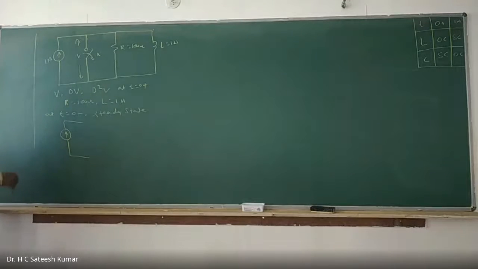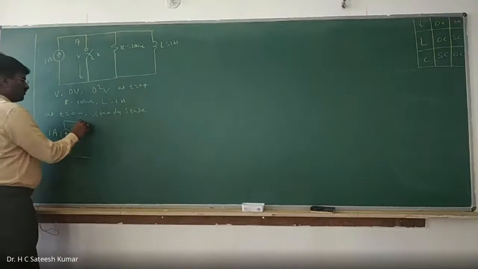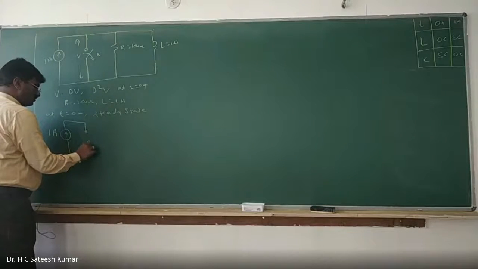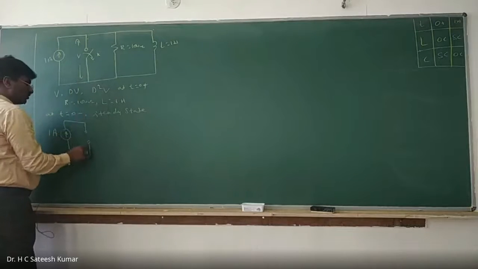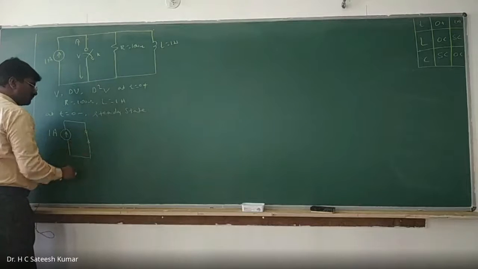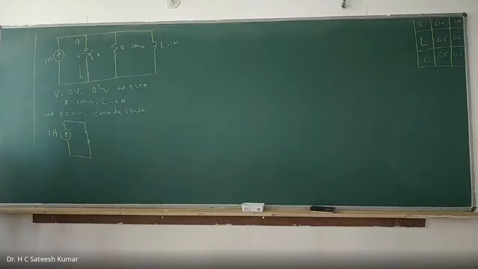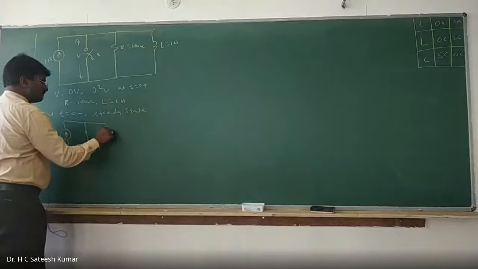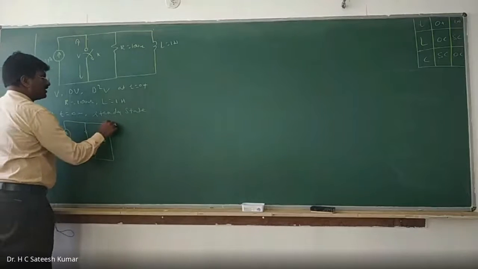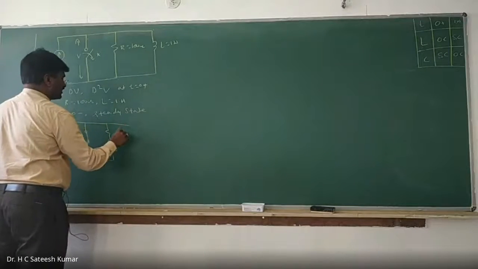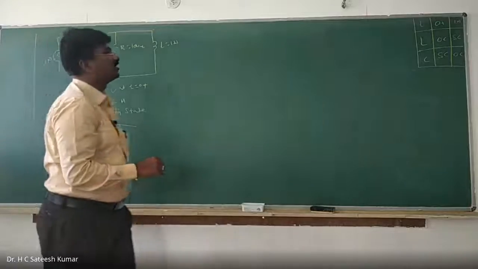So now I have 1 amp, and at 0 minus the switch is, sorry, closed. And now we have one resistor and an inductor. What will happen to the inductor at steady state?